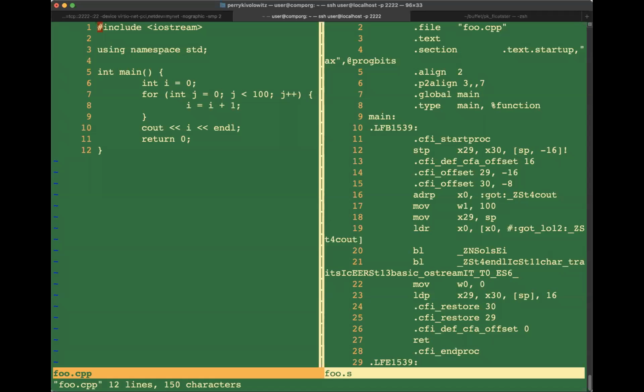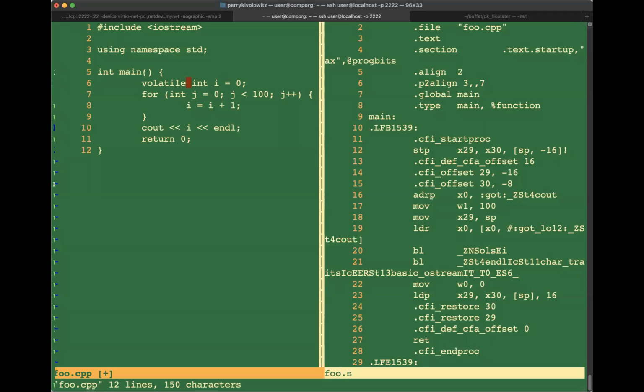That's because I was in the highly optimized version. I told it to use -O3, capital O3. Now watch what happens when I add the word volatile here. That's the only change I'm making.